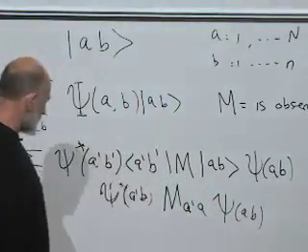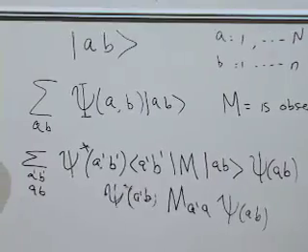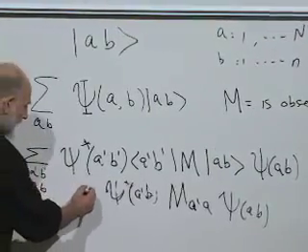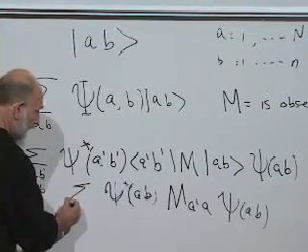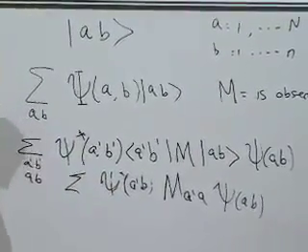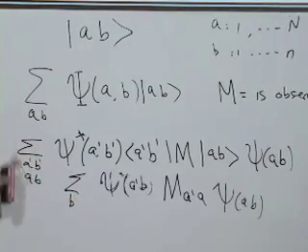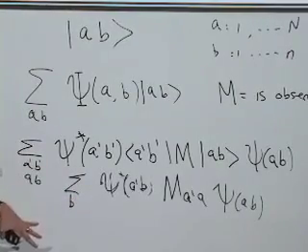B is just passive. Now let's go a little step further. This is still summed over B. It's also summed over A prime and A, but I want to ignore for the moment the sum over A prime and A and realize that this is a sum over B. It's also a sum over A prime and A, but let's do that later.